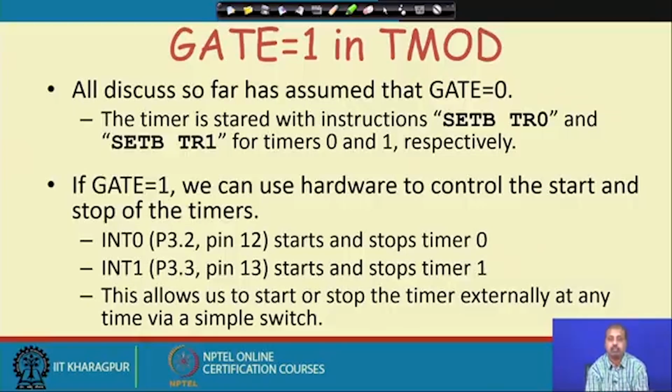So they can control the timer operation. If the gate bit is set to 1, then for timer 0, whenever INT0 is activated, only then the timer will operate, and if it is deactivated, the timer will stop. That way we can have control both externally and internally for these timers.